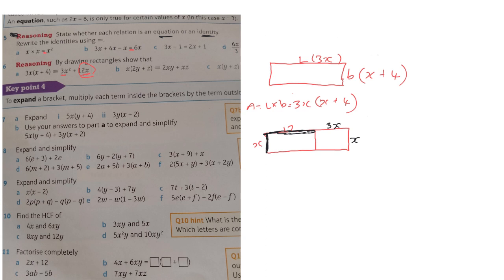For 12x, one side I represented with 12 and the other side with x, so that if I want to find the first area, like we did in the first question, area 1 would be 12 times x, and that will give me 12x. And the second area would be this side, 3x, multiplying x, which is this side, and that will be 3x squared. All right, so that's how to check for all of those.